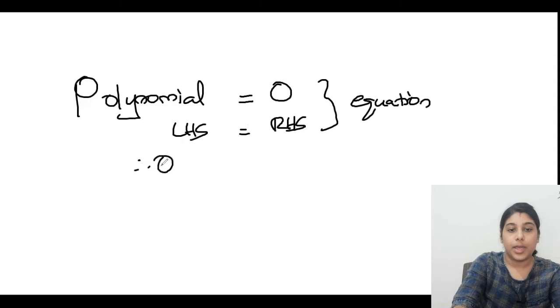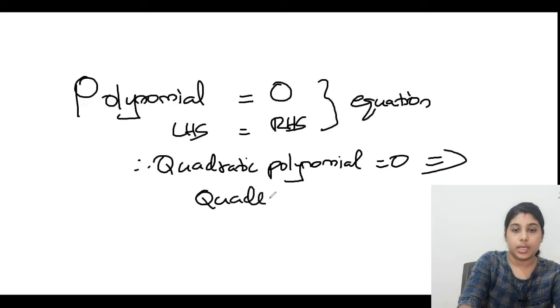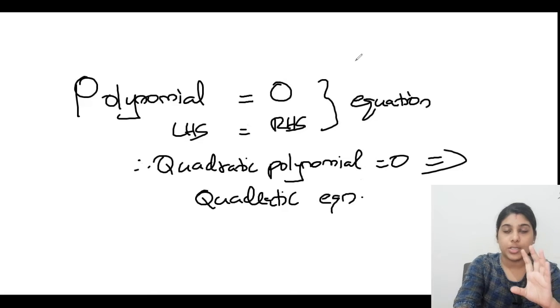Therefore, when a quadratic polynomial is equal to 0, we can call it a quadratic equation. That is how a quadratic equation is formed. I hope everybody understood how this quadratic equation concept came.